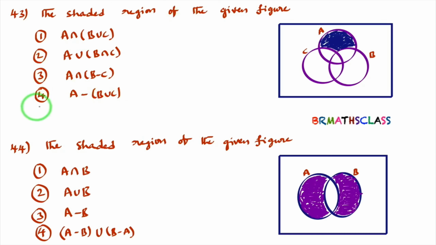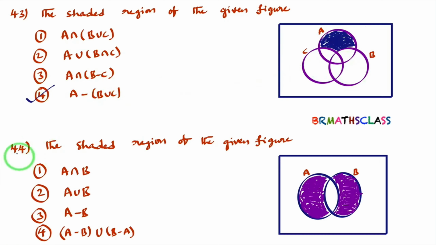So here A minus B union C means what? A but not B union C. What is B union C? You observe, whatever B and C there is, this whole thing is B union C. We did this type of thing earlier also. Here, A but not B union C gives the clear meaning that it is only A but not B union C. So what is the right option here? Fourth option is the right option.